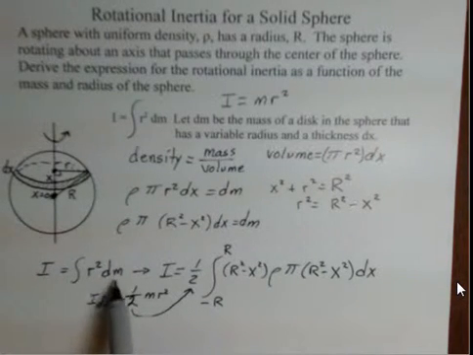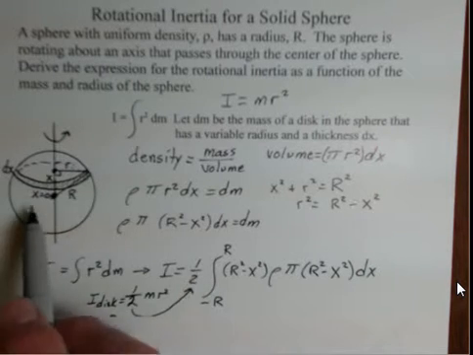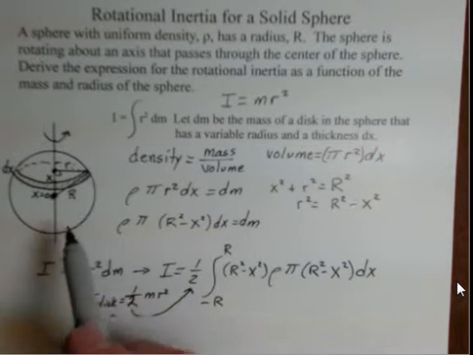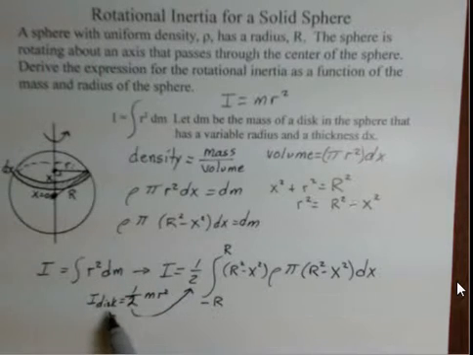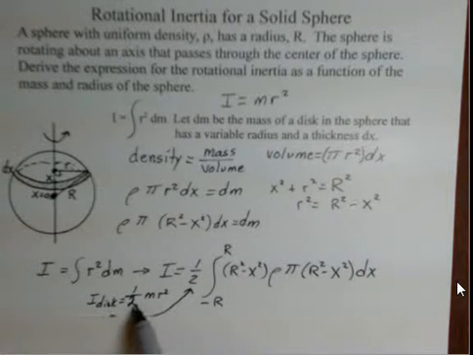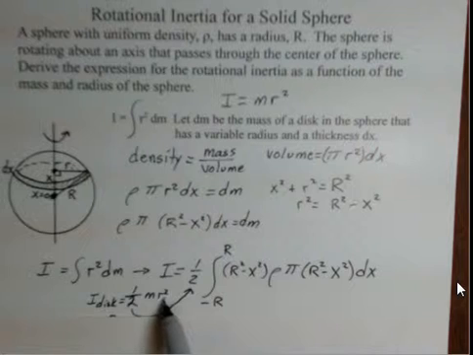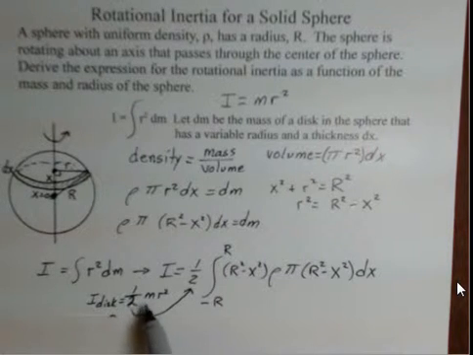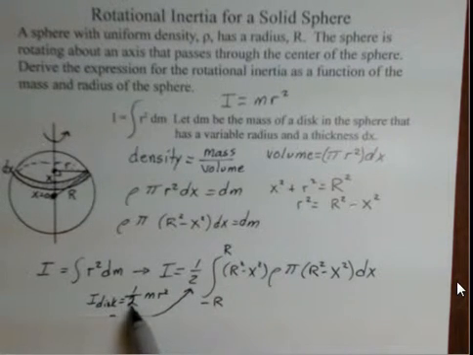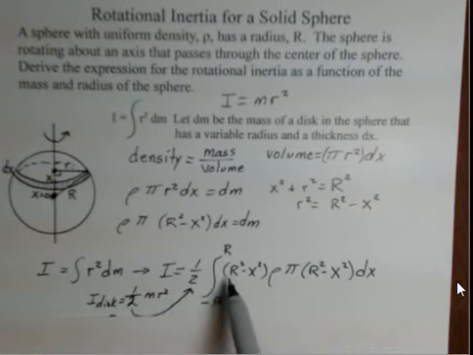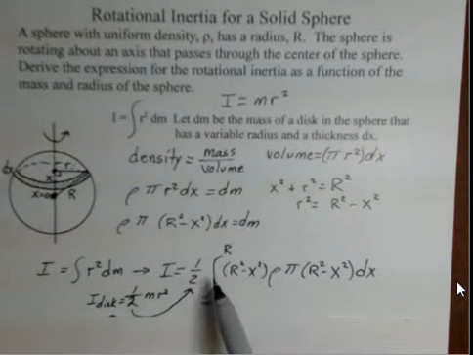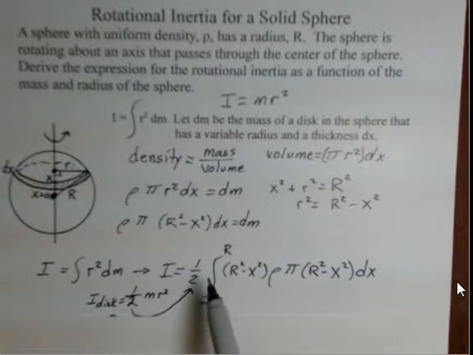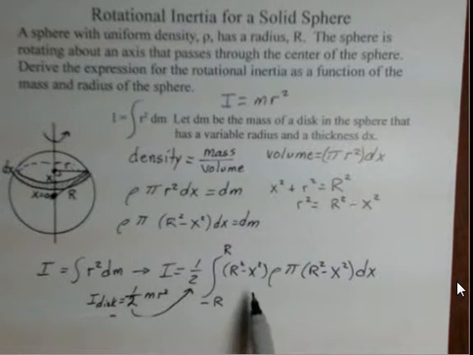r squared dm. We're doing a disk here. Well, a disk has a rotational inertia formula of 1/2 mr squared. So I'm going to be using the half from this formula and then doing the r squared dm in the antiderivative. So for my r squared, I have capital R squared minus x squared.